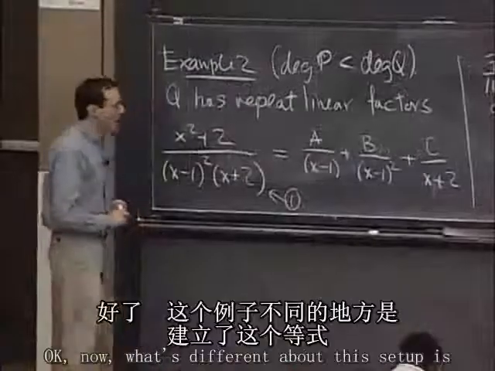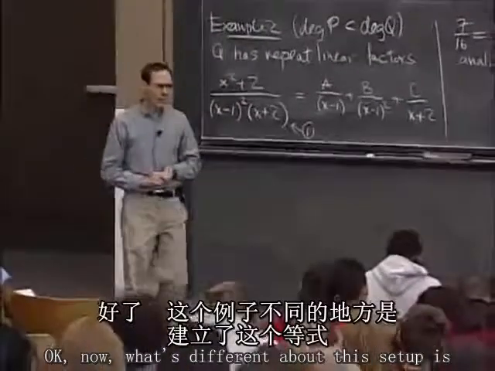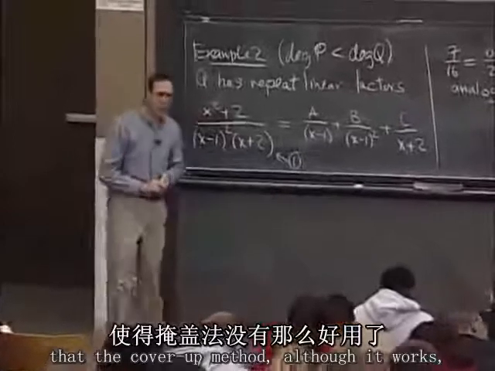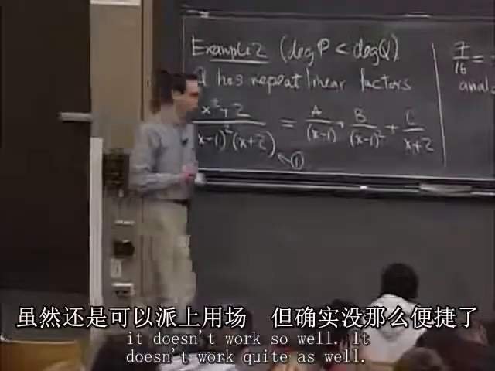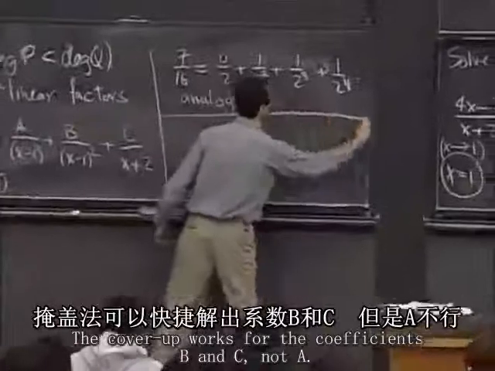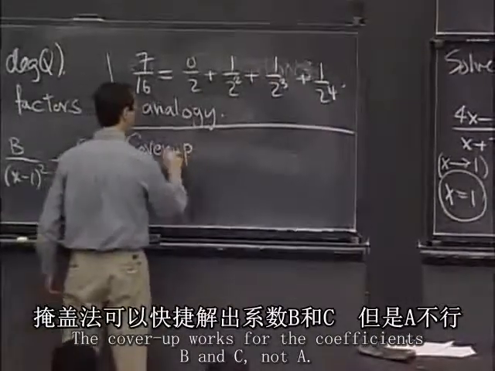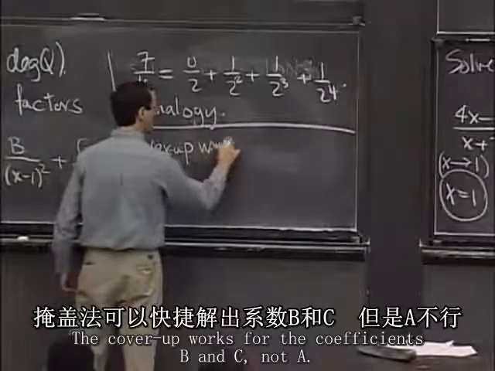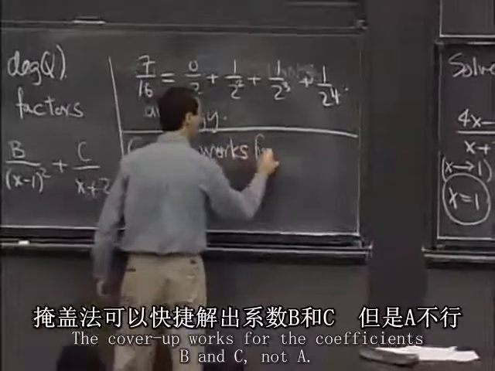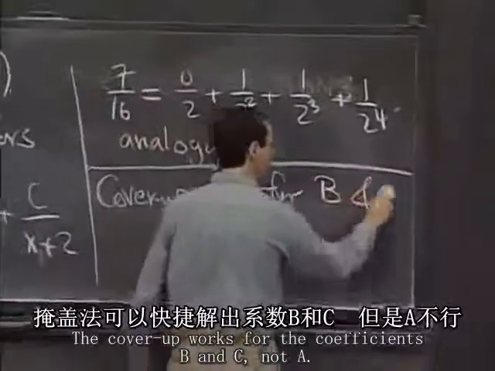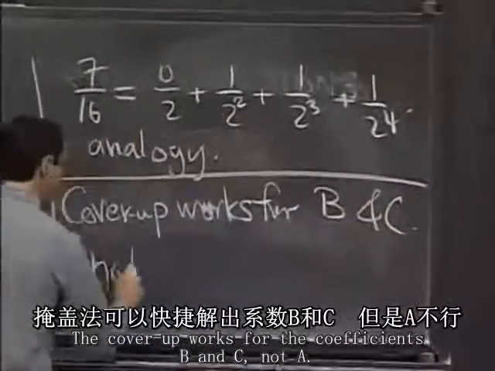OK, now, what's different about this setup is that the cover-up method, although it works, doesn't work quite as well. Cover-up works for the coefficients b and c, not a.